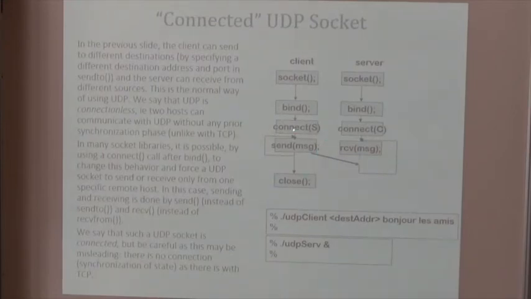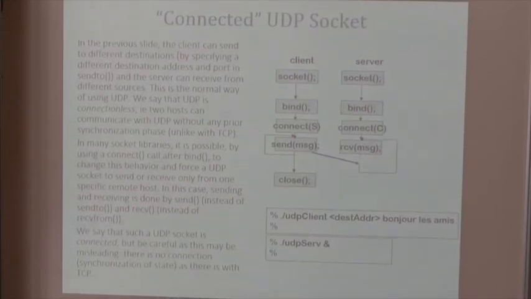However, we find the concept of a connected UDP socket, which is simply a cache. If you're tired of always saying sendto, if you're streaming information and you always send to the same other end, you don't want to always say sendto for the 1 million packets you will be sending. So you can, what we call, connect the socket.